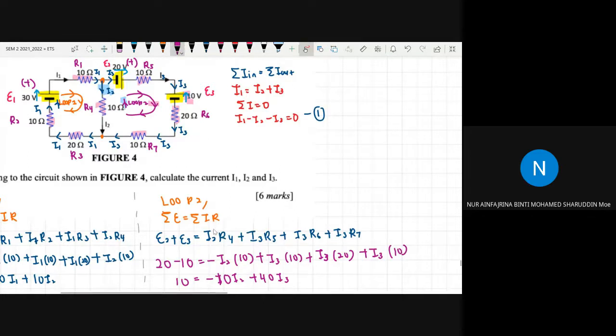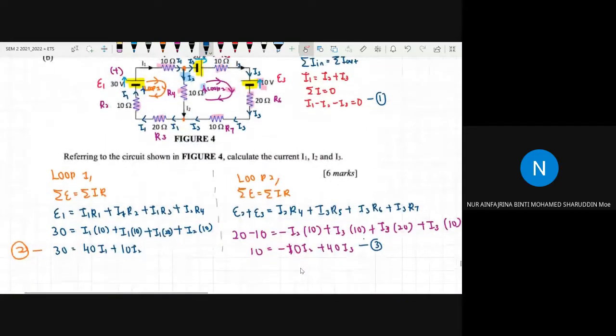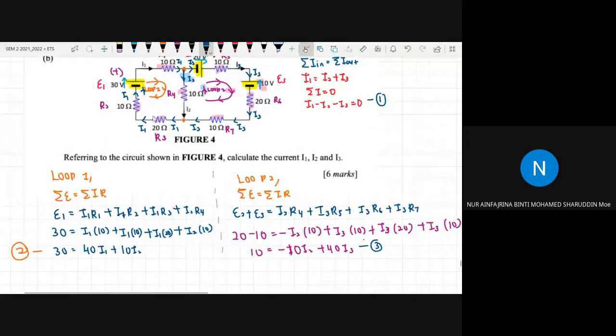So boleh masukkan ke dalam calculator dah. Okay, can you put your answer in the calculator dan cuba beritahu kat Miss I1, I2 dan I3 berapa? So I1 adalah 40, I2 adalah 10, I3 adalah 0 sama dengan 30.